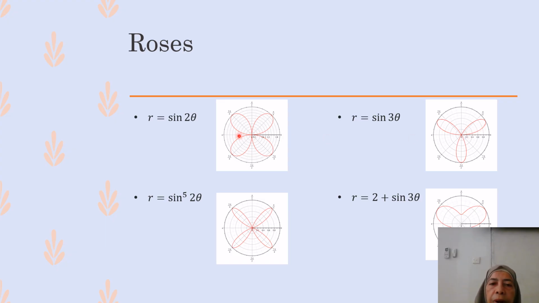So it is different between odd coefficient and even coefficient. And when we raise it to a power, for example, to the power of 5 of sine, we will have a skinnier shape of the petals. And when we don't want our picture to start from the origin, we can add a number here, like here it is 2 plus sine theta, so the picture will be a little bit different.